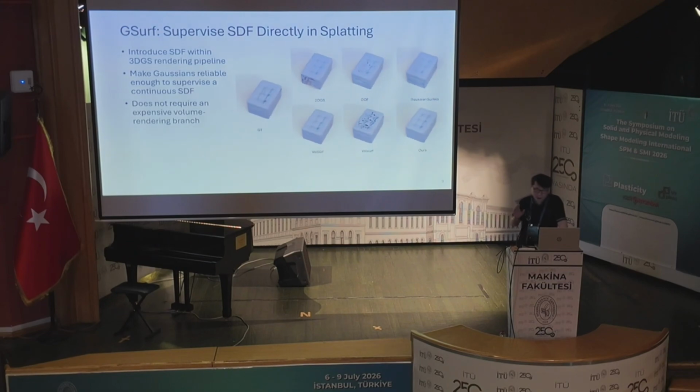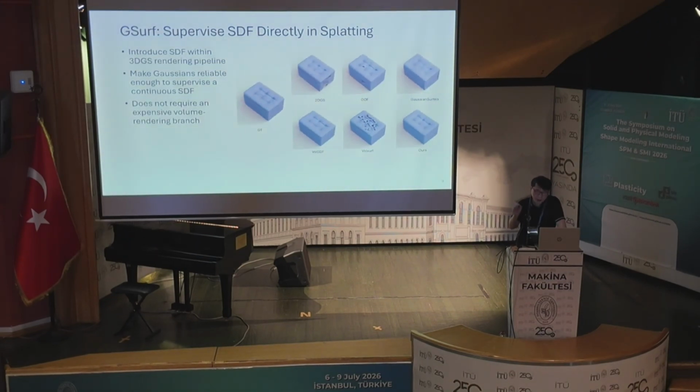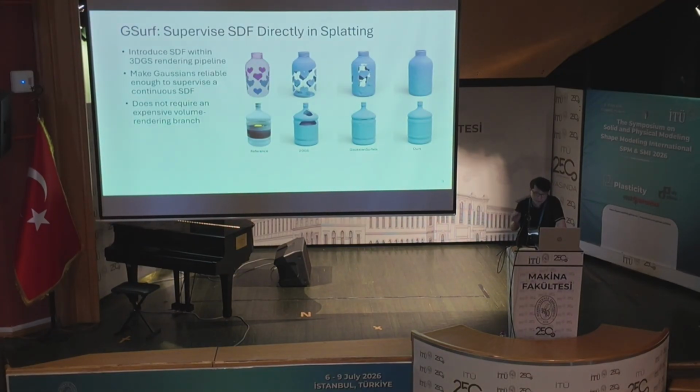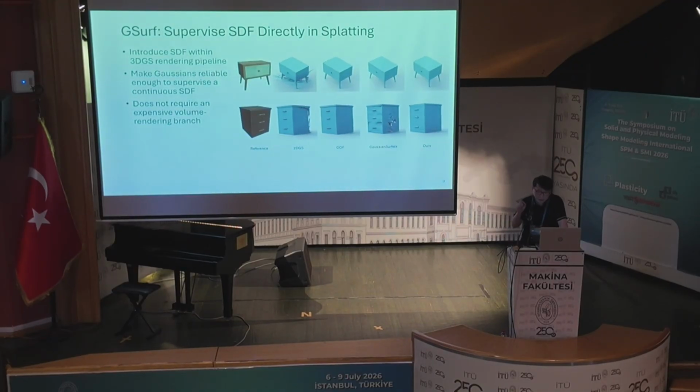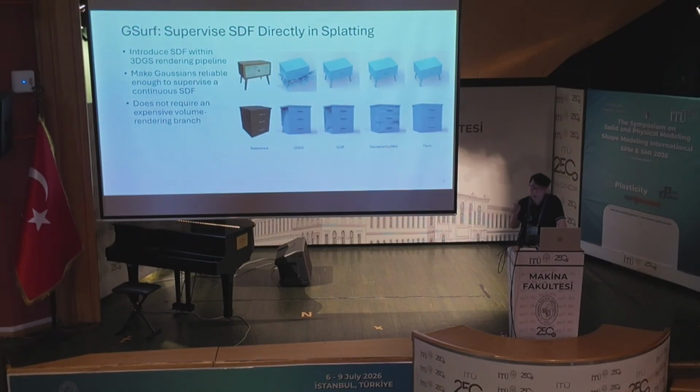So this slide gives the high-level idea of GSurf. We introduce SDF inside the 3D Gaussian splatting rendering pipeline, but instead of adding an extra volume rendering branch, we supervise the SDF directly using Gaussian primitives. The main challenge is that Gaussian centroids must be reliable.